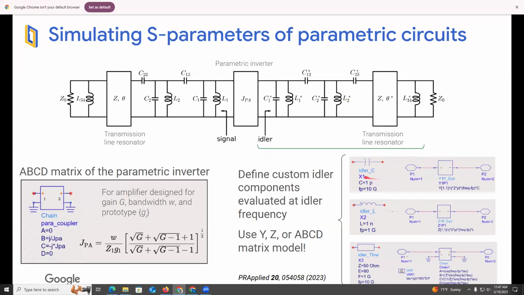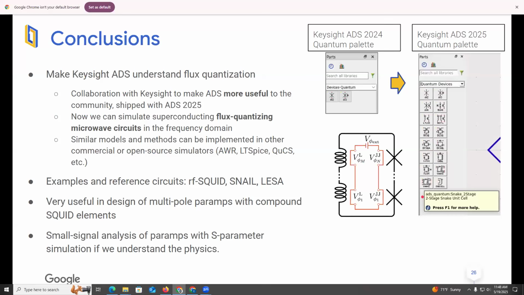For example, a capacitor you can simulate as a Y matrix that is evaluated at a frequency that is translated from the simulation frequency. You can do that for a capacitor, an inductor, a transmission line, any linear element that you want. You can write it down frequency translated to the correct frequency.